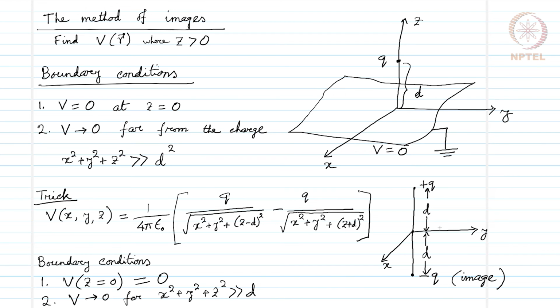There is no other charge in there. Thus, all conditions of the problem are satisfied, and so whatever potential we have calculated here is going to be the potential for z greater than 0. So, this is the correct potential, that is what we claim, and that satisfies all the boundary conditions at hand. Interesting.